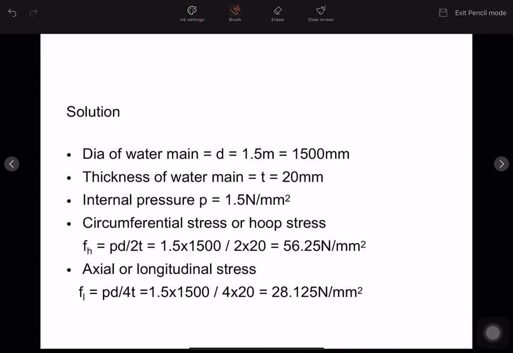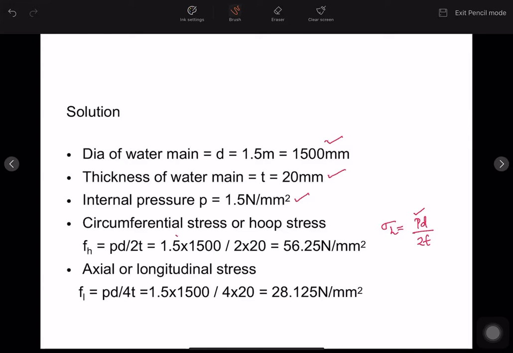So the given data is diameter of the main pipe is 1.5 meter or 1500 mm. Thickness of water main, that is nothing but pipe, it is 20 mm, and internal pressure is 1.5 Newton per mm square. So we have the formula of PD by 2T for circumferential stress.